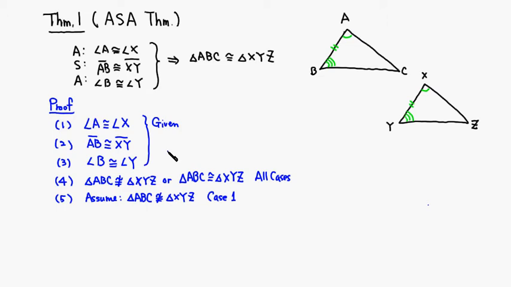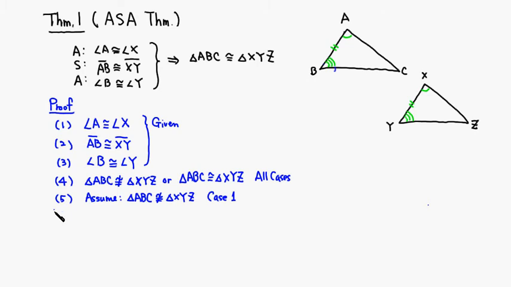Since we already have side and angle here, if we know that these triangles are not congruent, then segment BC cannot be congruent to segment YZ.